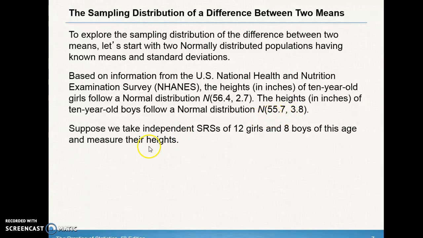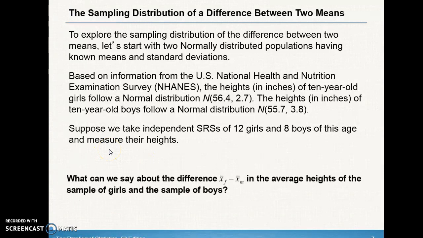and a standard deviation of 3.8. Now, suppose we take independent simple random samples, so that means the girls and boys are separated. I take the samples of 12 girls and 8 boys of this age and I measure their heights. What can we say about the difference, or x bar of my female minus the x bar of my male, in the average heights of the sample of girls and sample of boys?